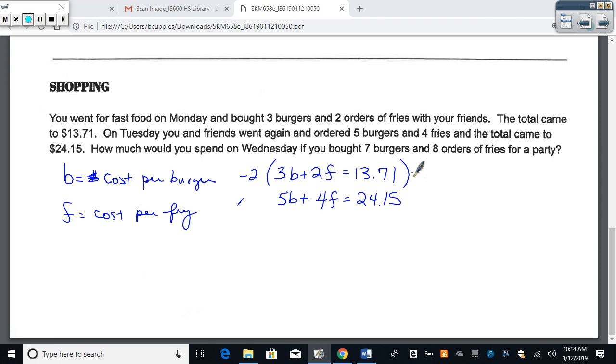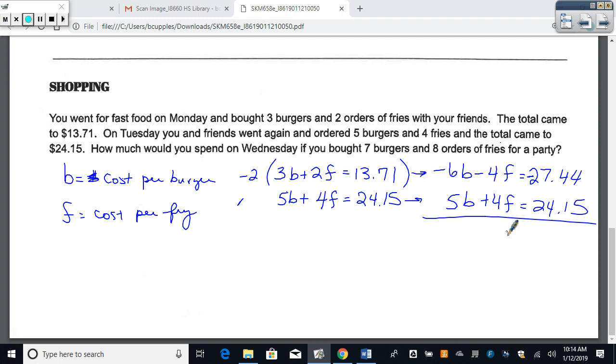So if we do that, we end up with -6b minus 4f is equal to -$27.42. Bringing the other equation over, 5 burgers, 4 fries, and $24.15.